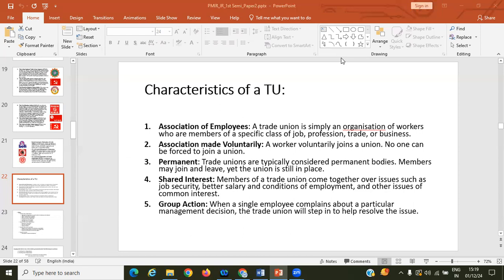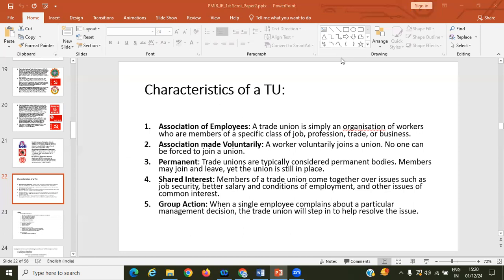Suppose you have a problem, and one person is going to complain. The organization may or may not listen to your complaint. But if the union is going to intervene in the problem, then the organization will listen and may solve the issue.